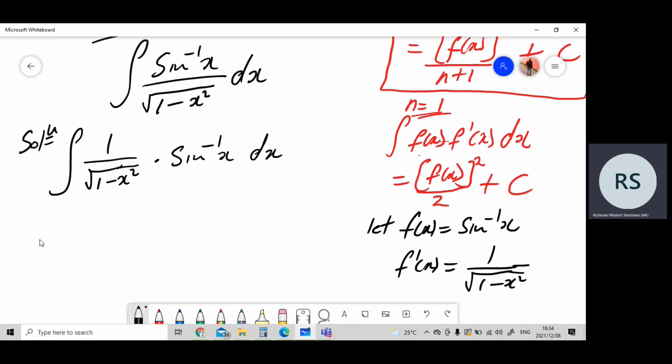Because now you have this form, f of x times f prime, the integral is f of x to the power of 2 over 2 plus c. We said our f of x here is sine inverse of x, so the answer is sine inverse of x to the power of 2 over 2 plus c. Again, I gave you exercises based on this.